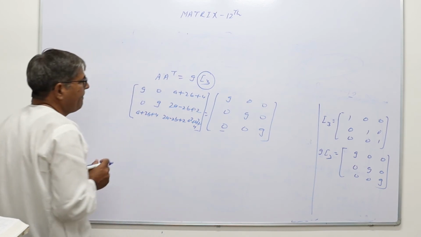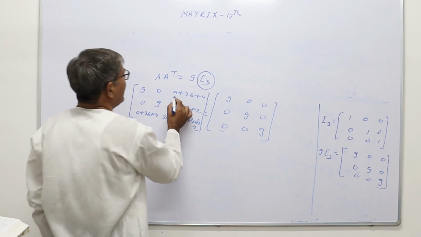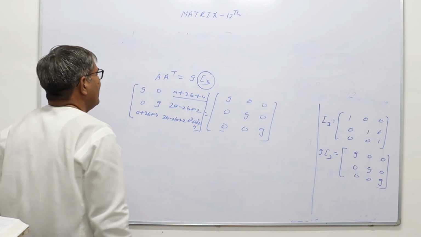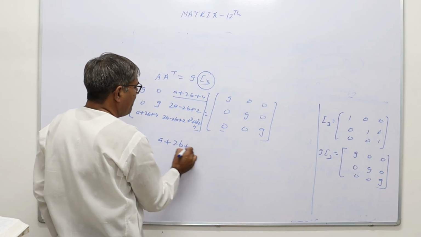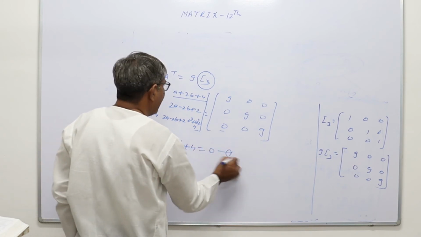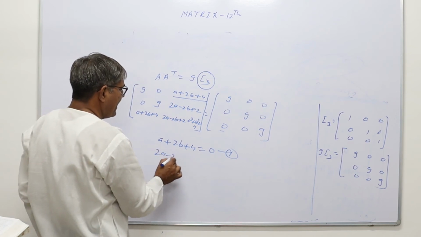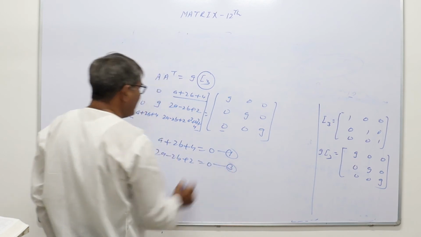Now compare the given element, see a 1 3, first row third column. So a plus 2b plus 4 is equals to 0, one relation. Second is 2a minus 2b plus 2 barabar 0, that is second relation.